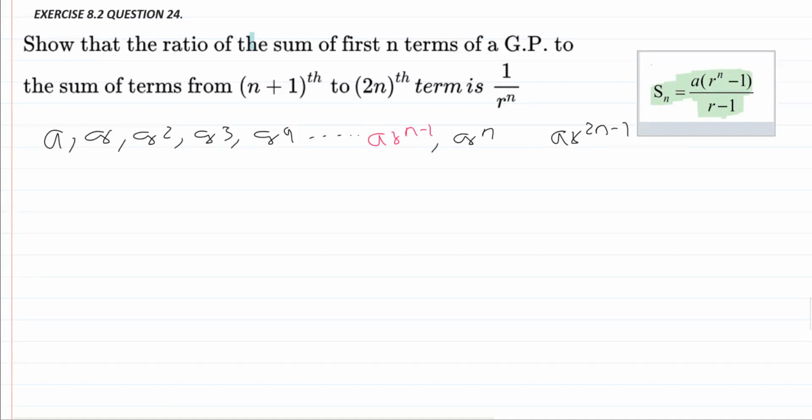It is important to understand that this is the nth term, not the n minus 1th term, and this is the next term. So the nth term is always represented by ar raised to the power n minus 1.